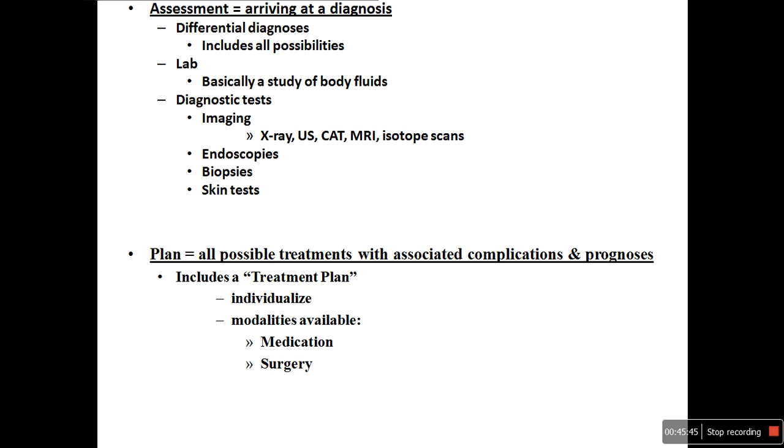And modalities available: the treatment plan can be surgery, can be medication, or can be individualized, where you can do something by yourself. It is called modalities available, medication and surgery.